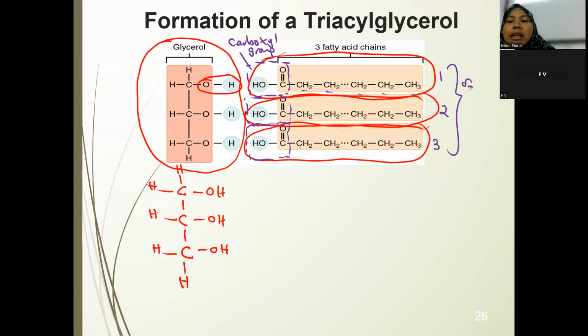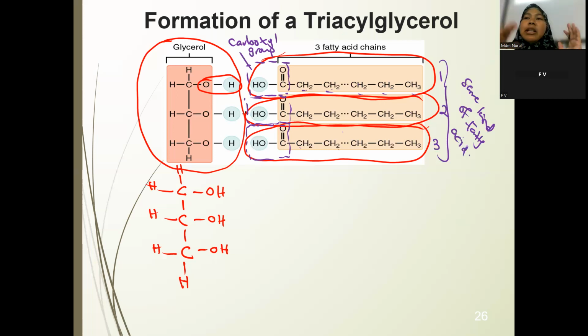Ni adalah same kind of fatty acid. Tengok gambar yang madam punya tu, yang gambar you all punya lain yang madam. Kita tengok gambar yang ni dulu. Kalau yang ni, they are all the same kind. Right.